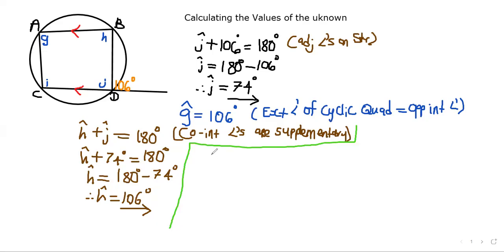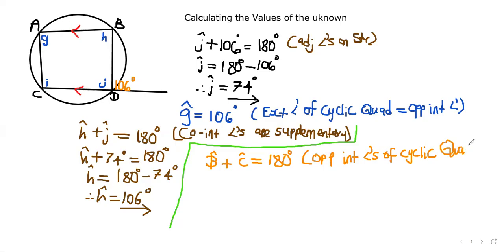You can just say angle B plus angle C is equal to 180 degrees. Don't forget, each and every statement should be accompanied by the reason. This one is opposite interior angles of a cyclic quad are supplementary.